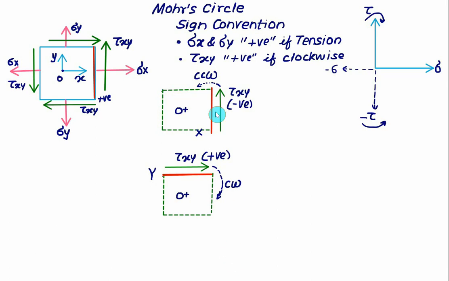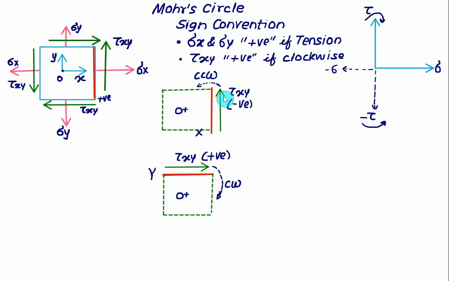So the sign convention for normal stress is positive if it is in tension. A positive value you have to plot on the right-hand side, and if it is compression, then you have to plot on the negative horizontal axis. For the shear stress, I am not saying the x face and y face, but I am referring with reference to this figure. Here my shear stress is acting upward.